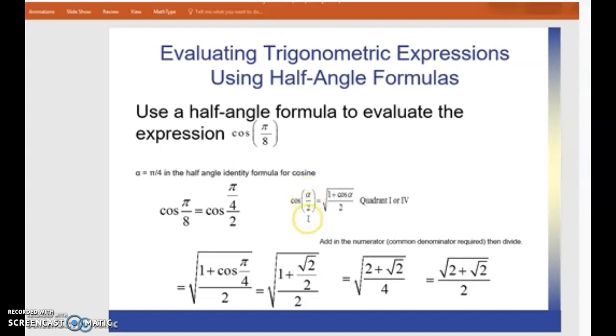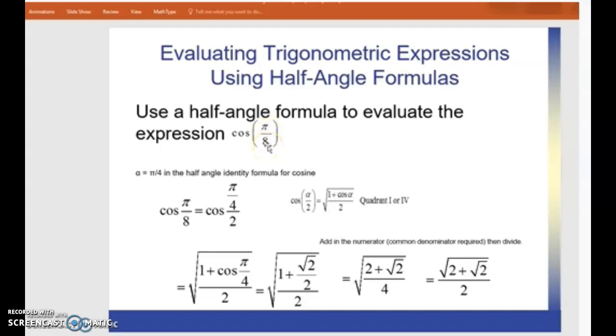Notice on the left-hand side, it is the angle divided by 2. And then on the right-hand side, whatever you're dividing by 2, that's what you take the cosine of. So on the left-hand side, this is really saying what amount divided by 2 is equal to the angle amount that's given to you in your original problem.